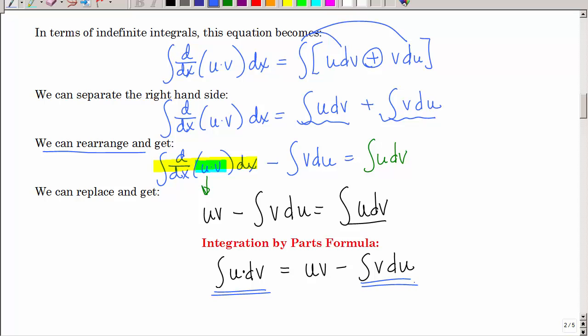The idea is that this is something we don't know how to integrate with our basic integration techniques, whether it be U substitution or some of the other formulas we've memorized. But as we rearrange, this integral that we get back should hopefully be an integral that I can easily integrate.